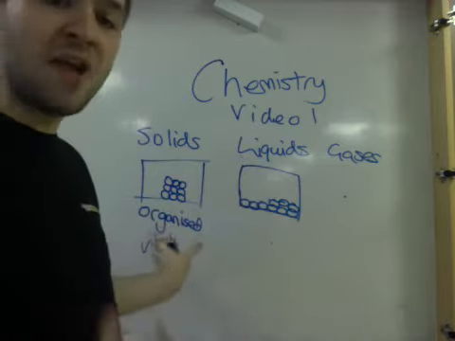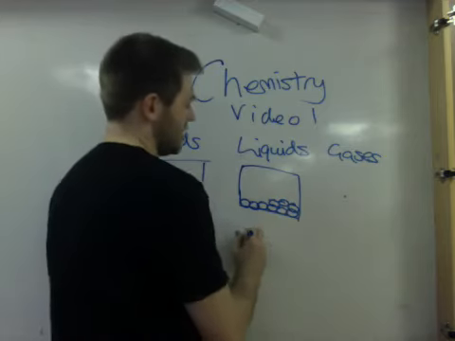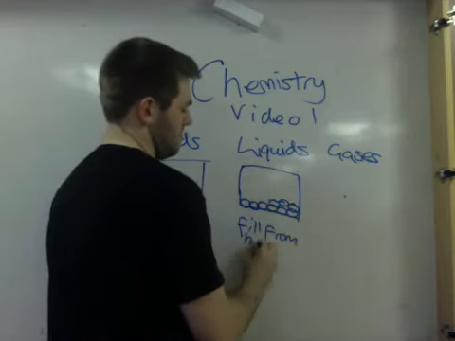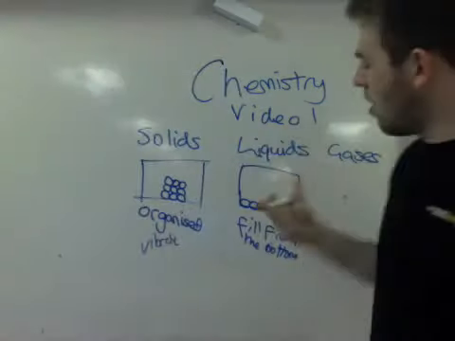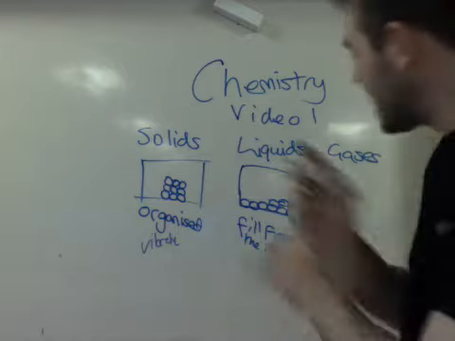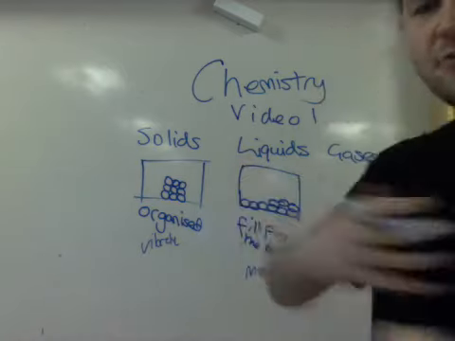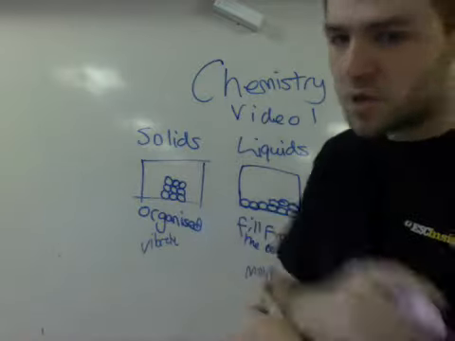And remember, I can't make or destroy an atom, so I've got 9 here. And they're not as organized. They fill from the bottom. You see, when you put water into a bottle, it all goes to the bottom and fills all the spaces. All liquids do that, and they can move. They can move around each other. They do swish, and they do constantly have some movement to go around.